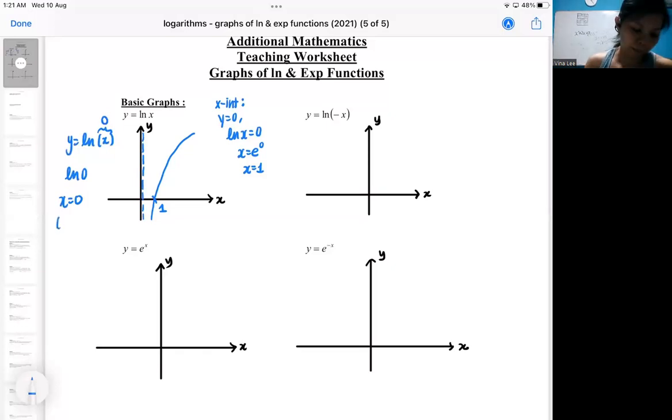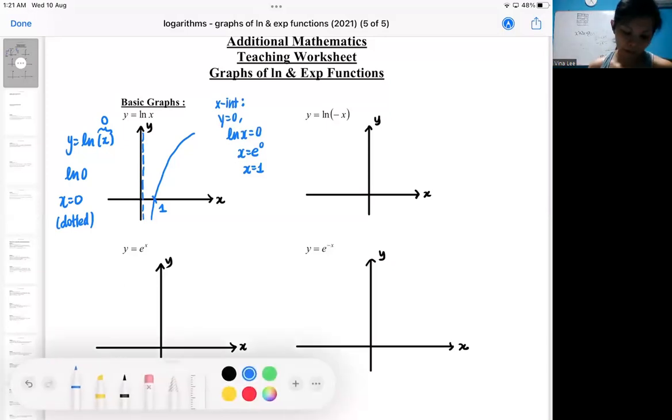So x equal to 0 becomes the dotted line. The proper name for the dotted line is asymptote. So undefined things will give us an asymptote, what we call a dotted line.